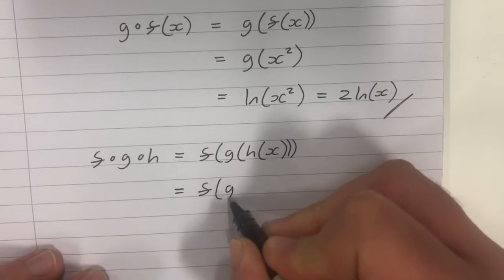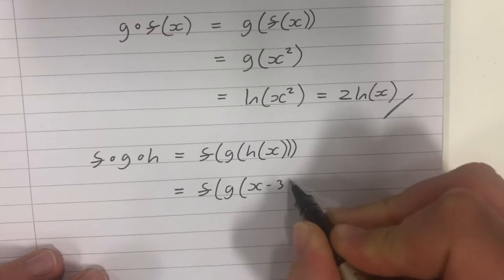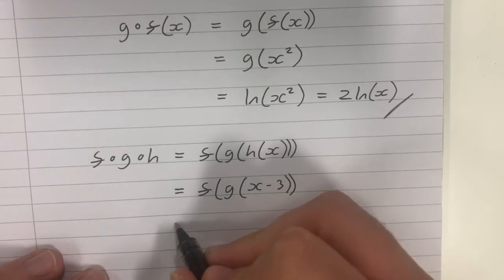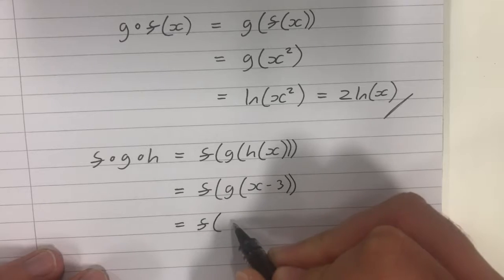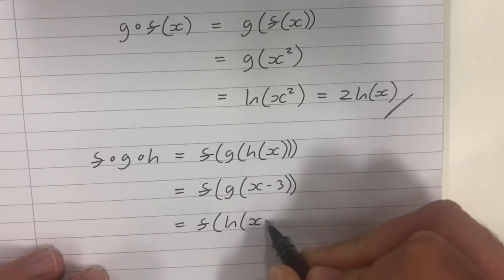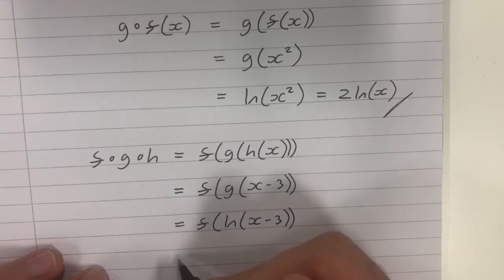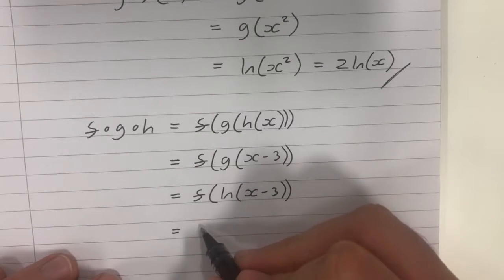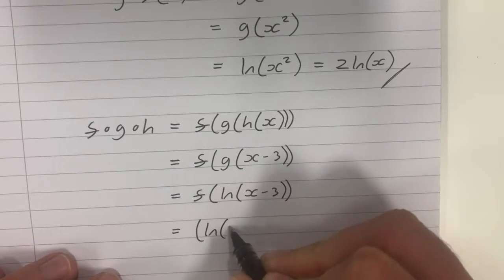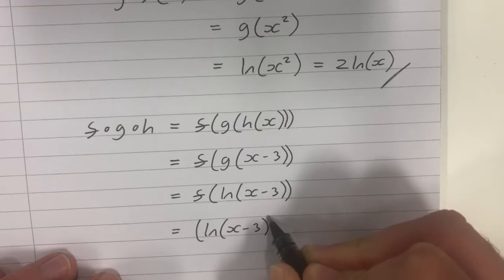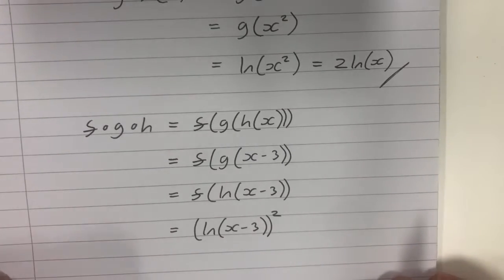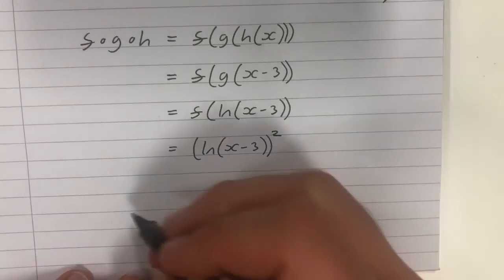f of g of x minus 3. f of the natural log of x minus 3. And this is going to be the natural log of x minus 3, all squared. You can composite a function with itself.